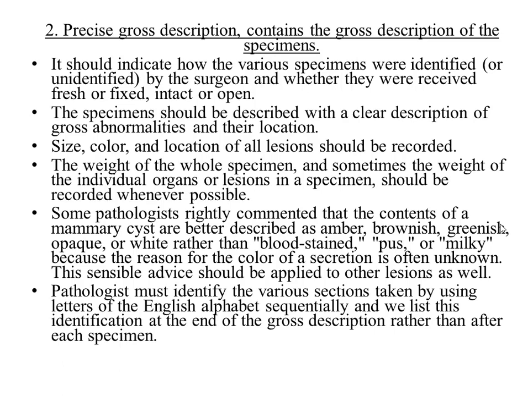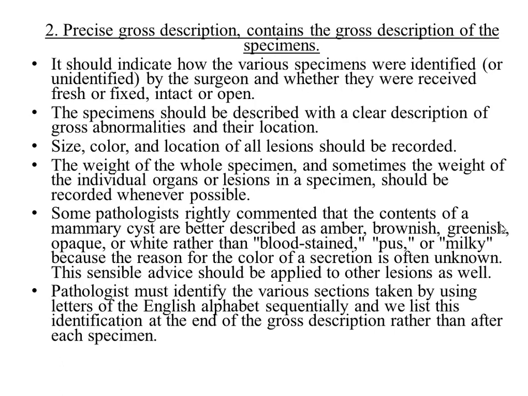Some pathologists rightly recommend that the contents of a mammary cyst are better described as amber, brownish, greenish, opaque, or white rather than bloodstained, pus, or milky, because the reason for the color of a secretion is often unknown.